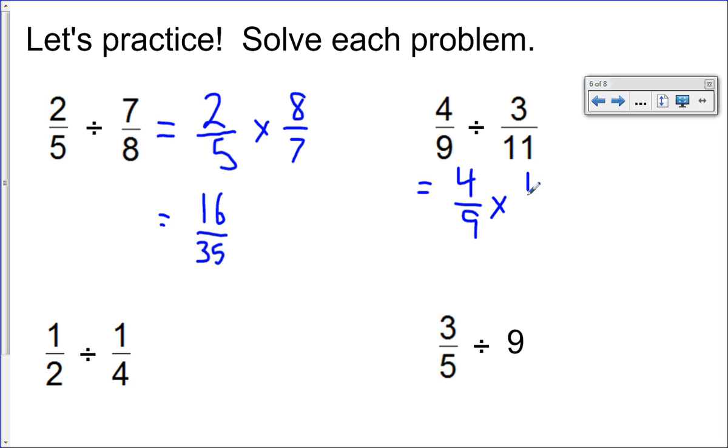And I'll flip my second fraction, so 3 over 11 will become 11 over 3, which will give me 44 over 27.